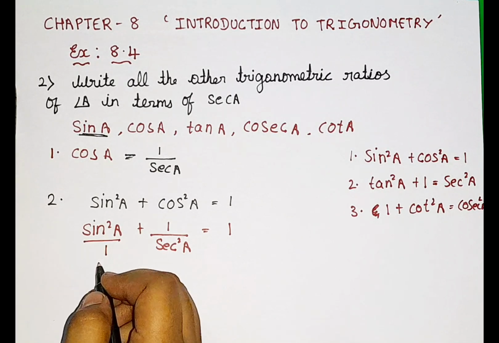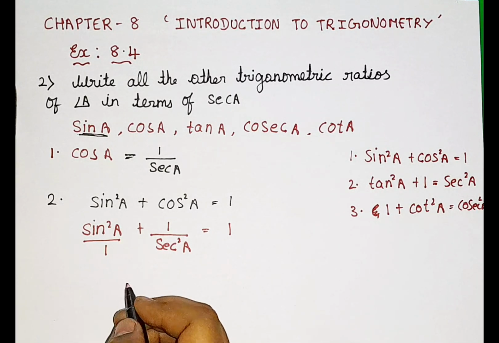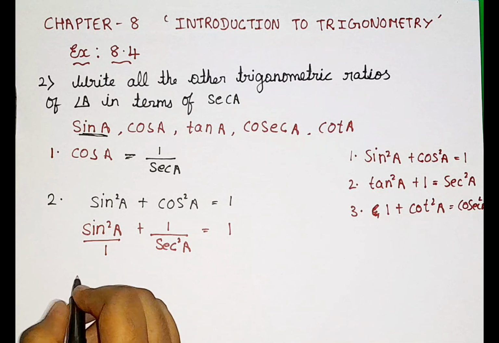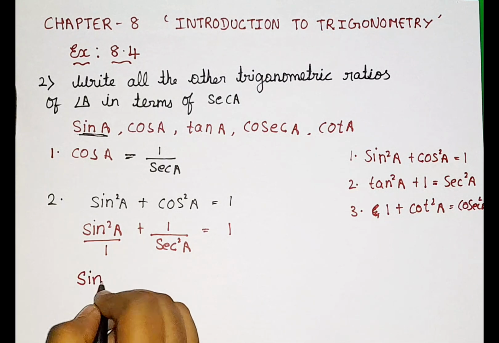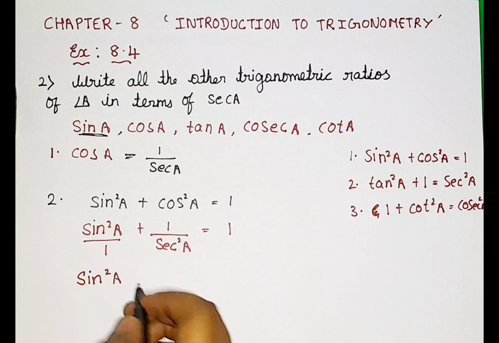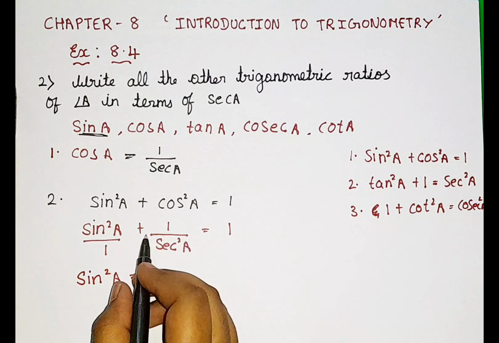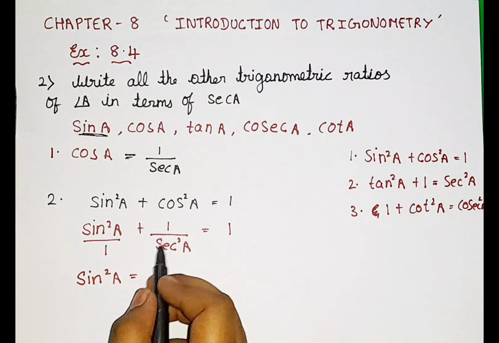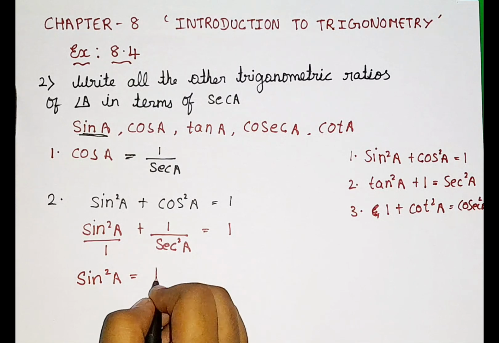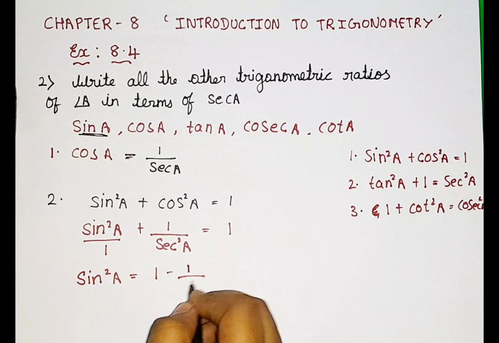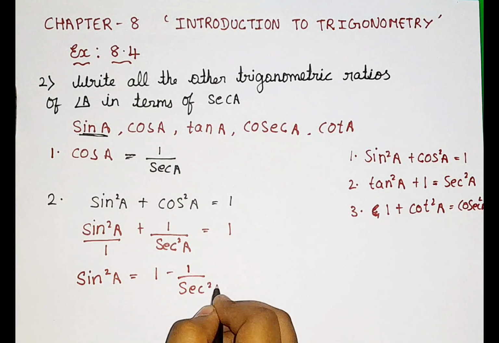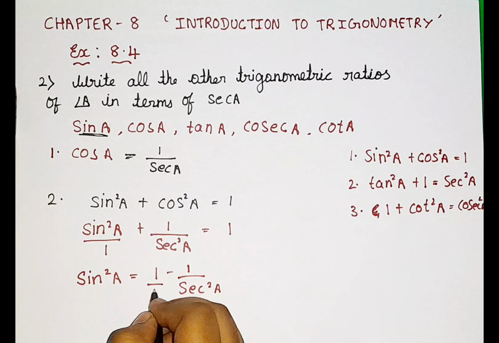Okay, so now what we can do is we can actually write sin square A. So for now no need to consider the 1. Okay, so when this plus 1 by secant square A goes to that side, it changes into minus 1 by secant square A. Okay, and here nothing is there means 1. Alright, so we can actually take LCM.